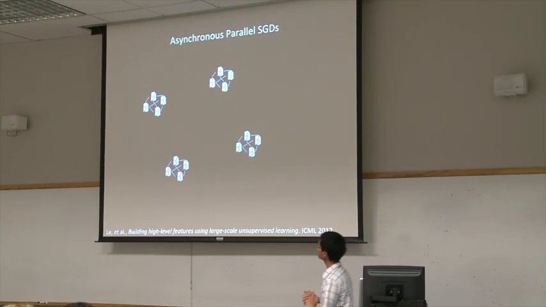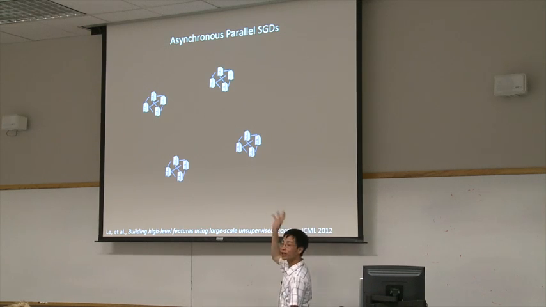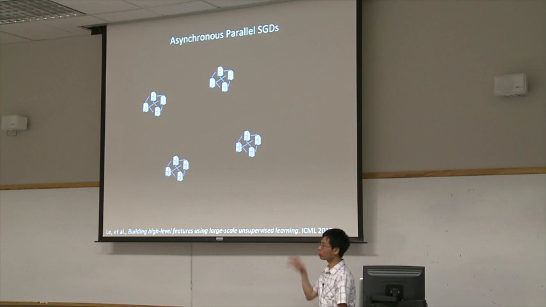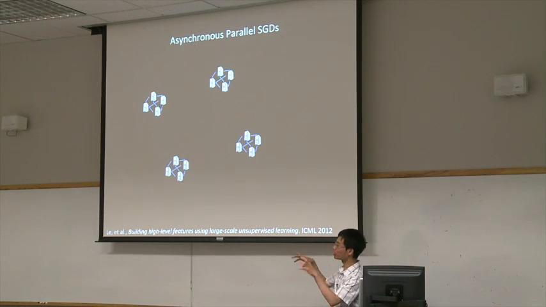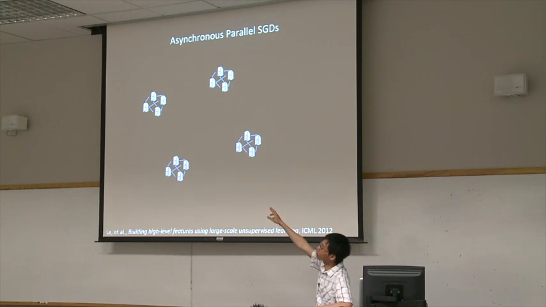Here's the idea. It's actually going to appear in our paper at ICML coming up. So you take your data, a million examples. You divide it into, let's say, 4 chunks, and each chunk trains your stochastic gradient descent.